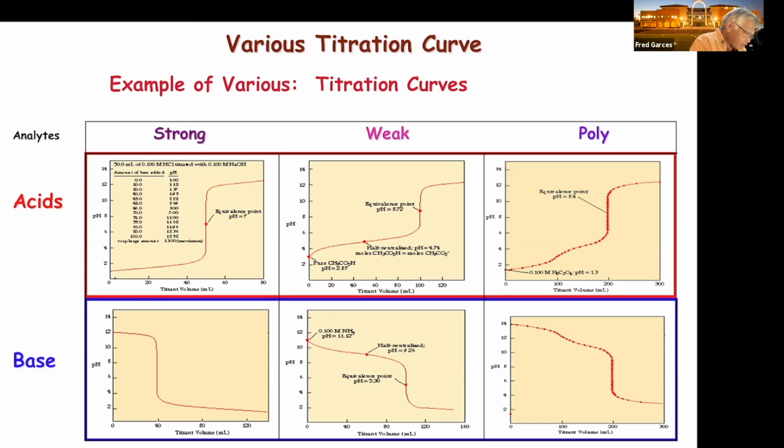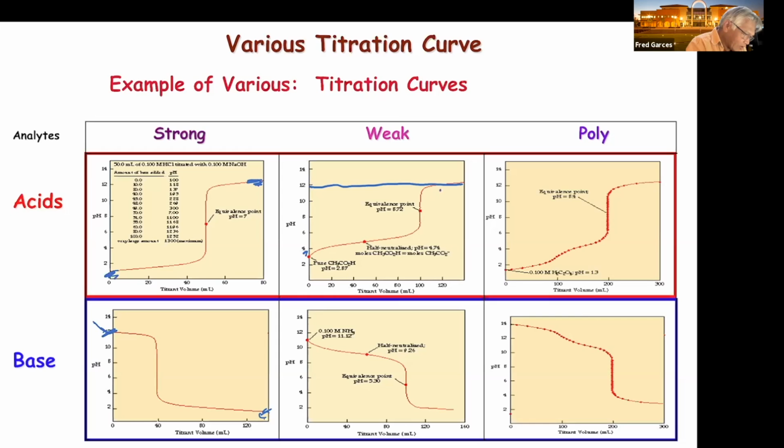You know, this is a strong acid titrated by strong base because you start low and you end high. This is a strong base titrated with a strong acid because you start high and you end up low. This is a weak acid titrated with a strong base because again, whenever your pH way past the equivalence point, when it starts leveling off, is 12 or higher, generally that's a sign that your titrant is a strong base right here.